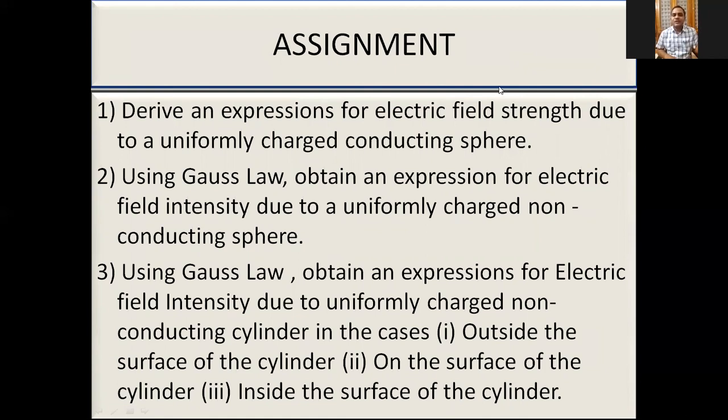Derive the expression for electric field strength due to a uniformly charged non-conducting sphere in three cases: on the surface, inside the sphere, and outside the sphere. And you may expect one more question: obtain the expression for electric field strength due to a uniformly charged non-conducting cylinder in the cases outside the cylinder, on the surface of the cylinder, and inside the cylinder.